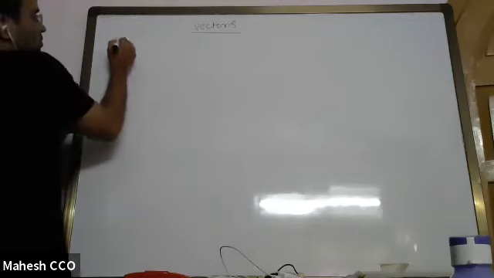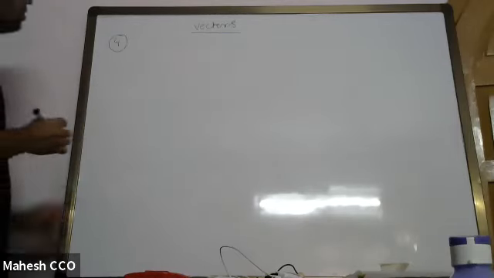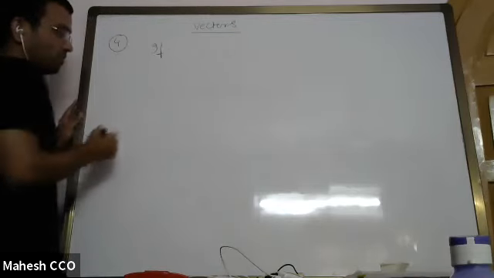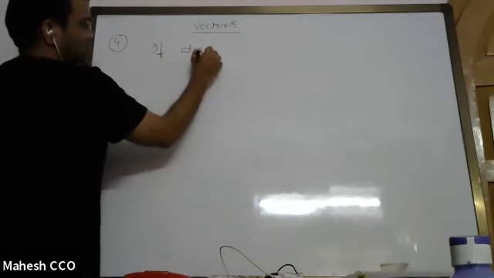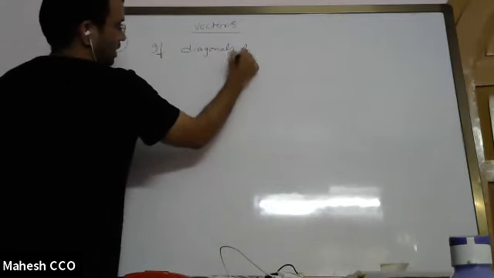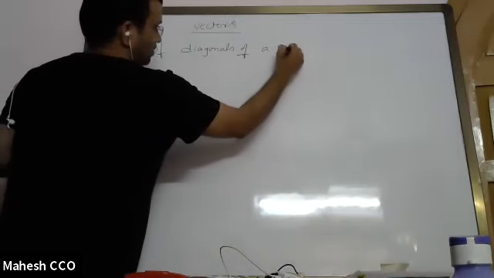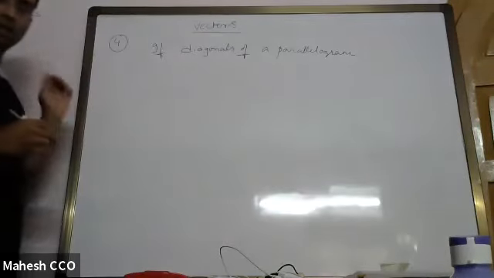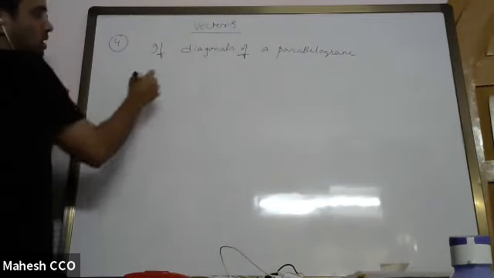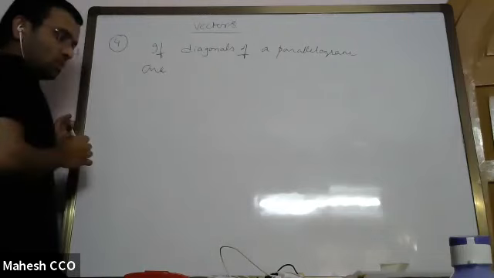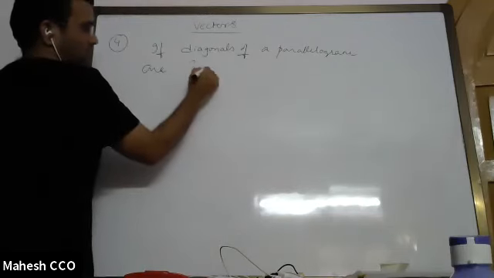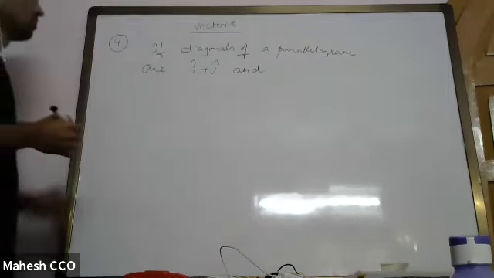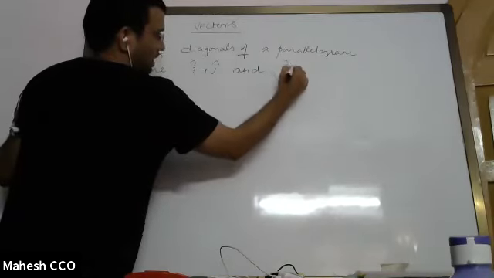So write down: if the diagonals of a parallelogram are given by I cap plus J cap and J cap minus I cap.